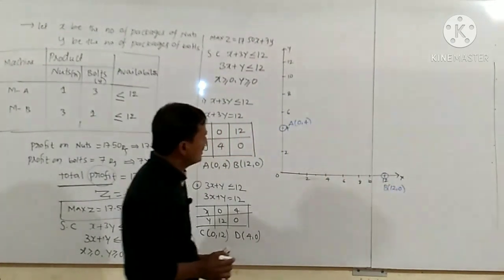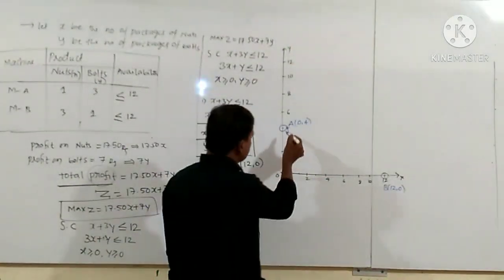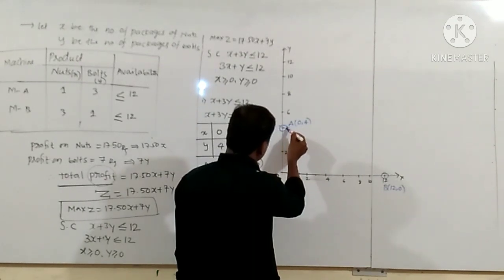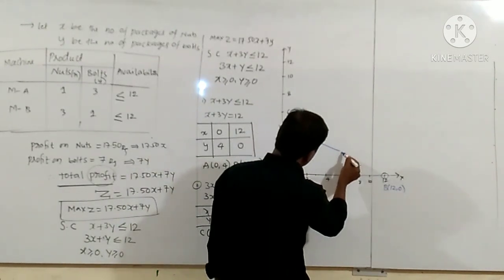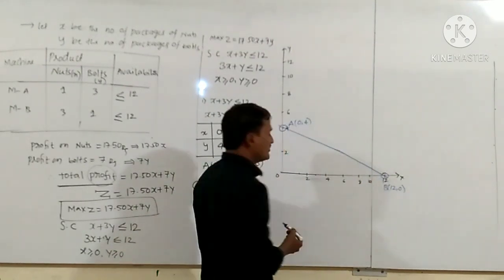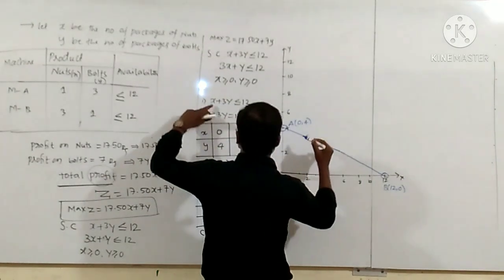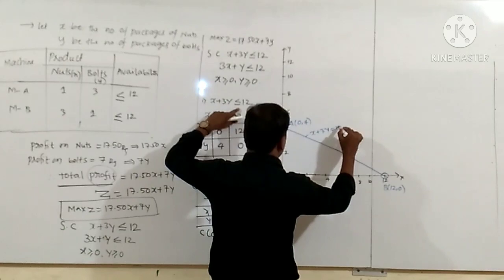Now we will join these, so we get a straight line. It represents the first equation, x plus 3y equal to 12.